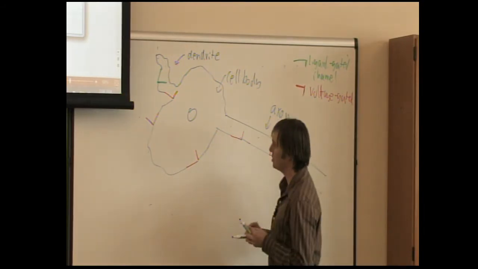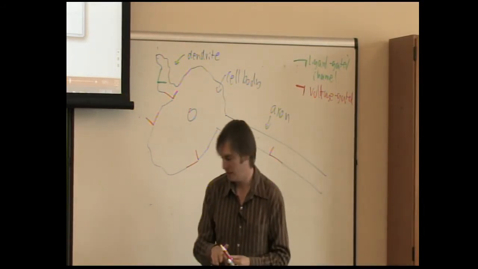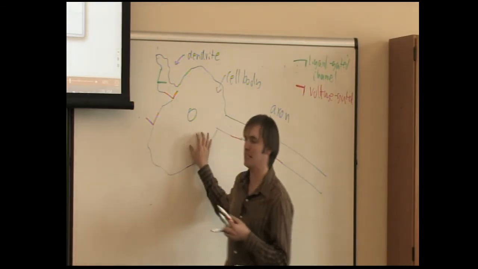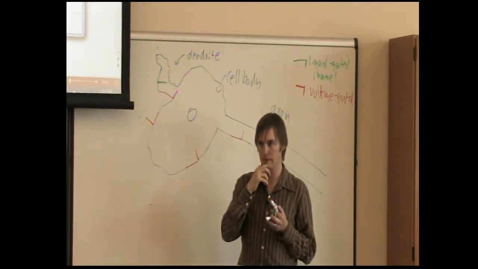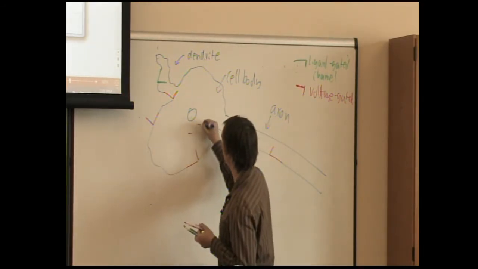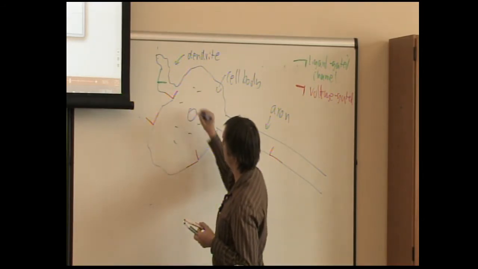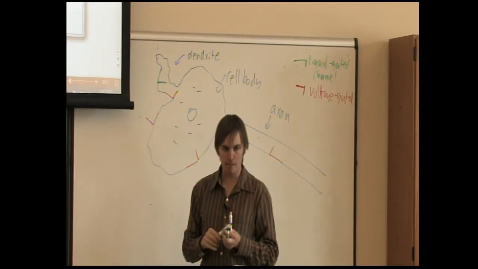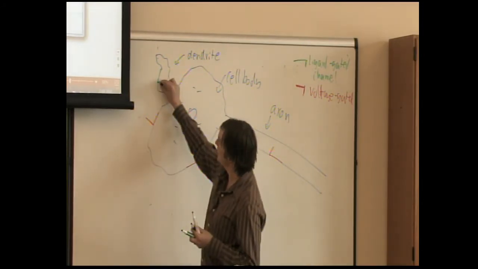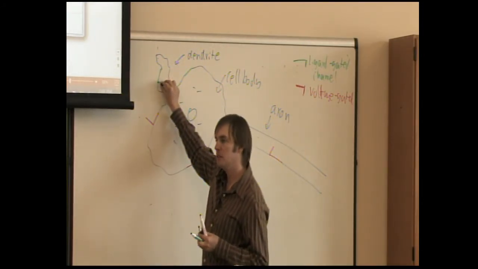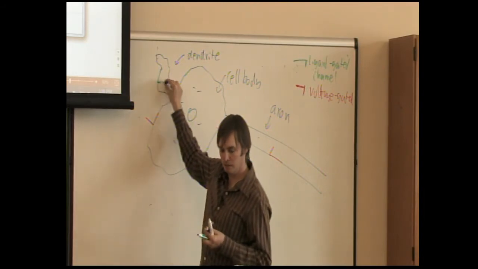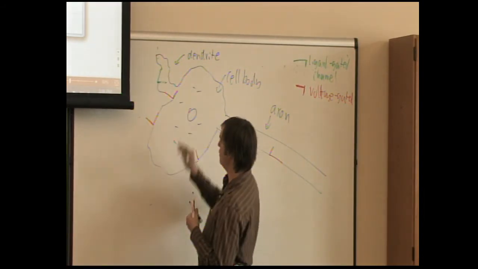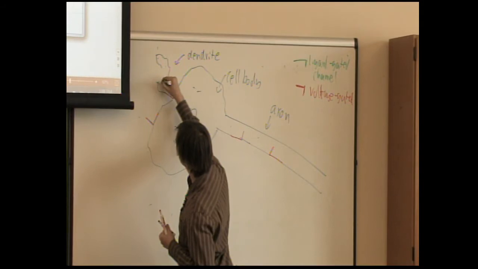All right, so all our channels are closed to start with. And then the inside of the cell, is it negative or positive? Negative. All right, so negative, negative, negative all over. So let's say some neurotransmitter comes by and binds to that channel. What happens to it? All right, so it's bound. Let's open it. Open.